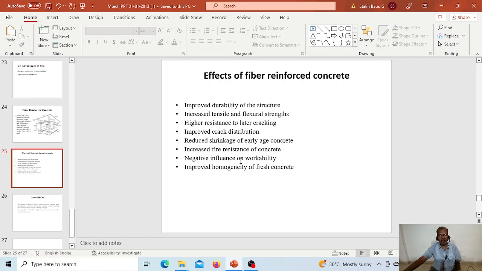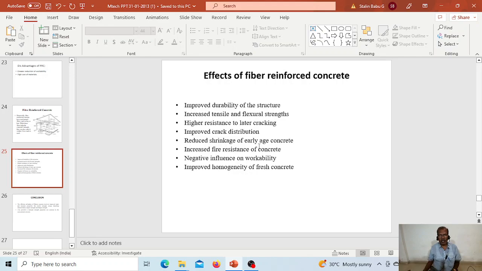In conventional concrete it is average, but with fiber reinforced concrete it increases the tensile and flexural strength simultaneously. The third point is higher resistance to later cracking. We use fibers to avoid cracks and sinkage, and fibers in concrete give higher resistance to later cracking.